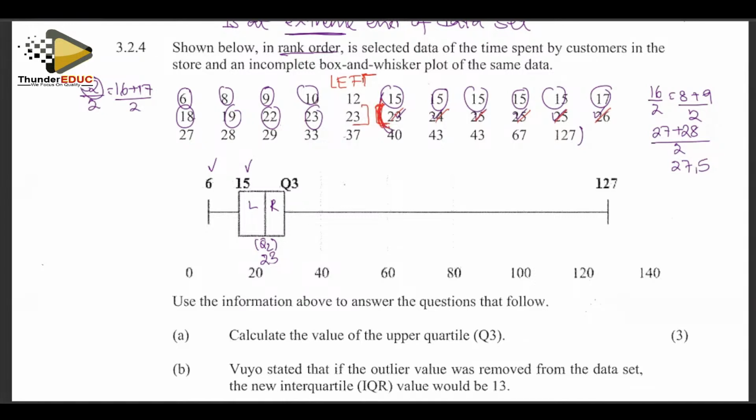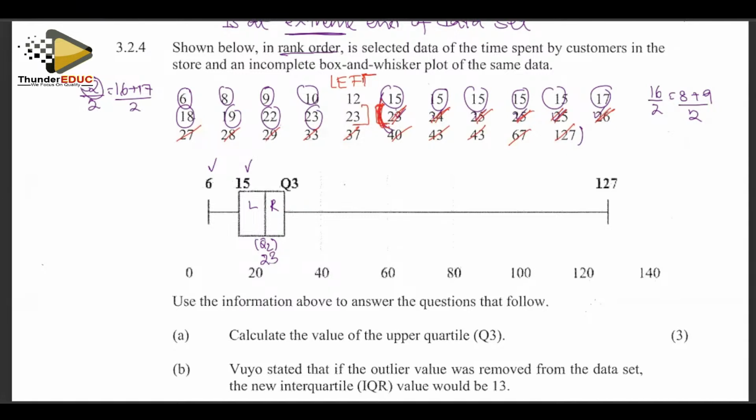So we have 1, 2, 3, 4, 5, 6, 7, 8, 9, 10, 11, 12, 13, 14, 15, 16. Of these 16, we are going to look for the median, which will become our Q3. So 16, we need 8 and 9. The number in the eighth place and the number in the ninth place on the right-hand side.